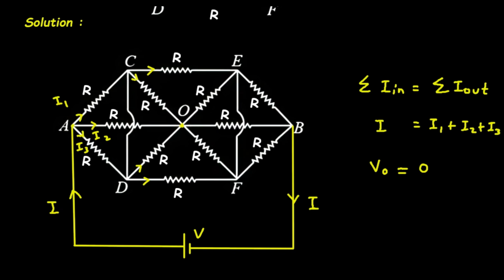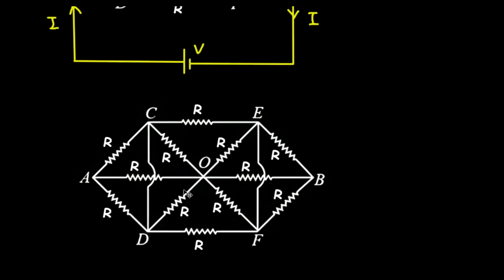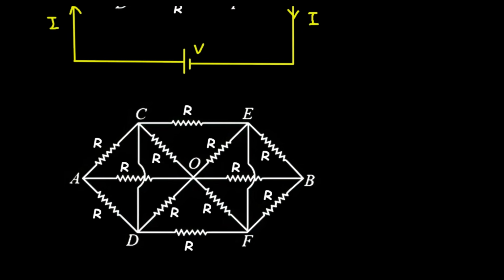So let's see how we can remove this part. If we erase this, or if we bypass the current like this, then there will be no effect on the resistance. So here it will be like this. Let's take white color.